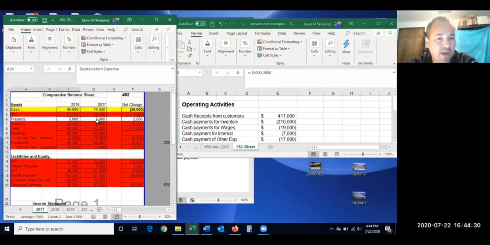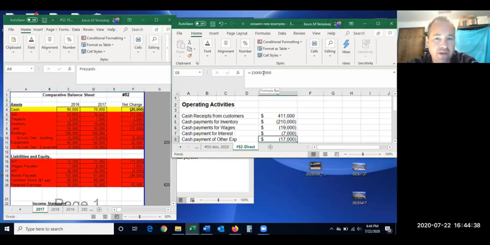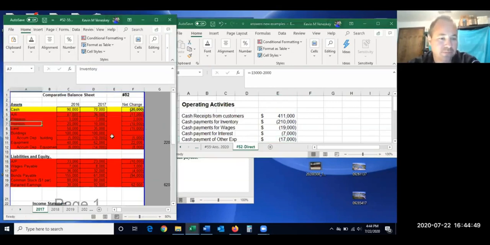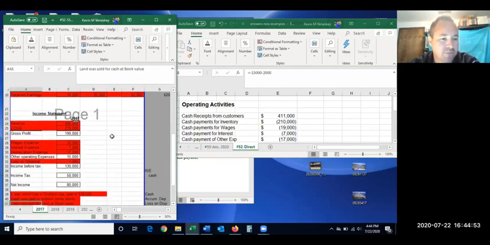My prepaids went up by 2,000. So that means I spent extra money. If I spent the money, then I need to show that I have another 2,000 being sent out. So another negative 2,000. So I spent 17,000. I've now taken care of all of those balance sheet items.